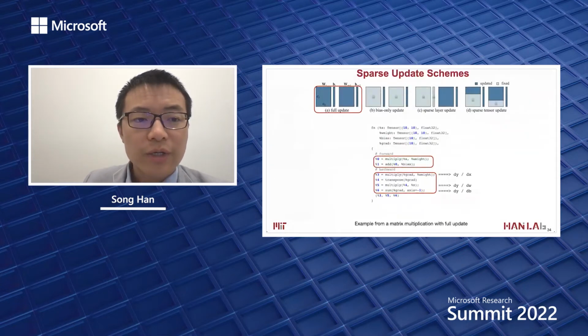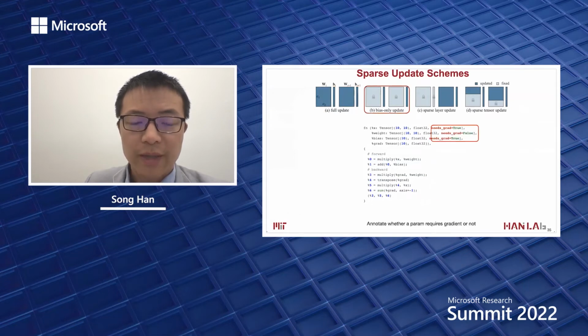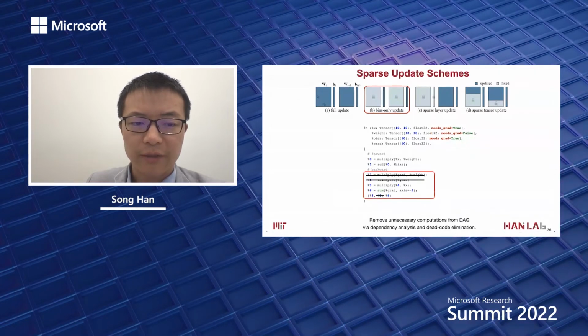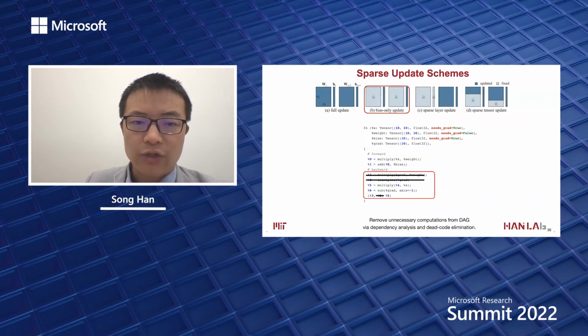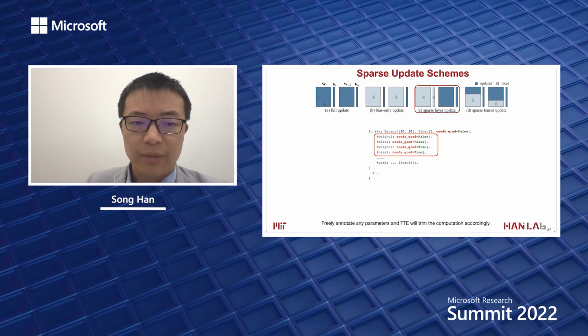So here is our sparse update scheme. For those bias-only updates, we specify the need gradient to be false. Then that weight will be ignored and will not be calculated for that layer. And for the layers where we are not updating at all, we set both the weight and bias need gradient to be false.